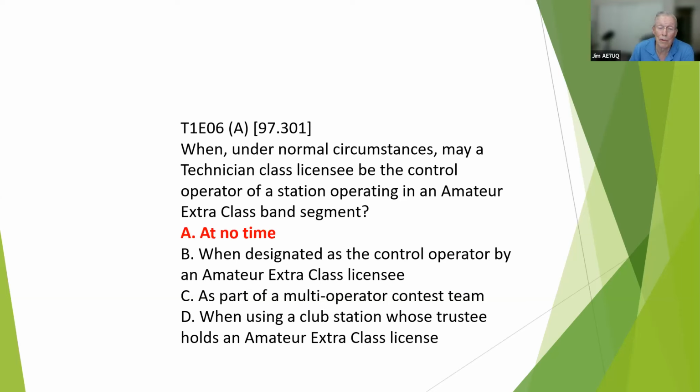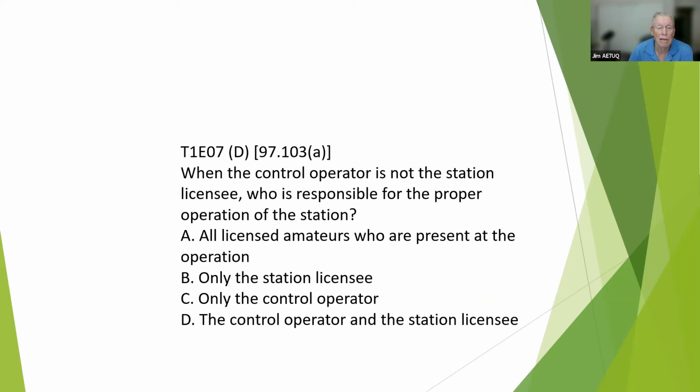You can only operate within the bands allowed by your class of license. When the control operator is not the station licensee, who is responsible for the proper operation of the station? The station operator and the station licensee. In other words, if you've got somebody else at your station operating the radio, then you're both responsible for following the FCC rules.